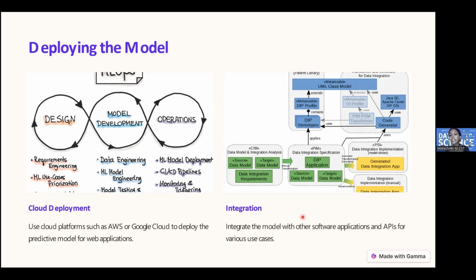We can also integrate it with software applications and APIs for different use cases, as I said, like weather forecasting, stock market prediction, gold price prediction, color detection, brain tumor detection.